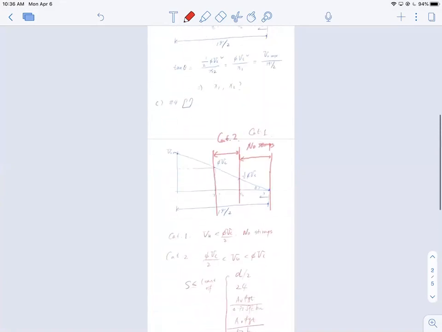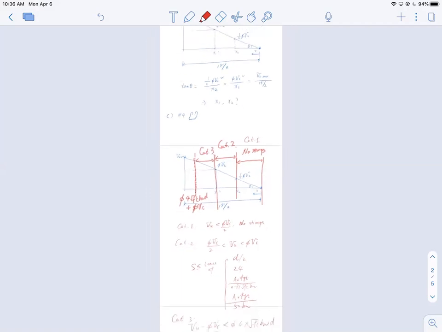Category 3 should be somewhere here, at 4 square root F prime C BWD, plus VBC.